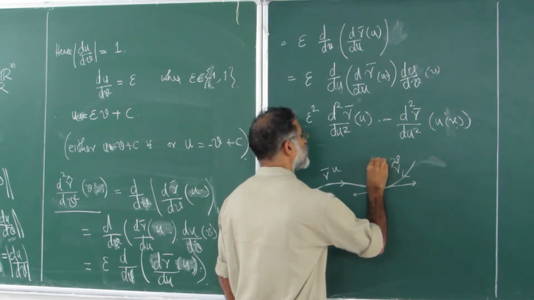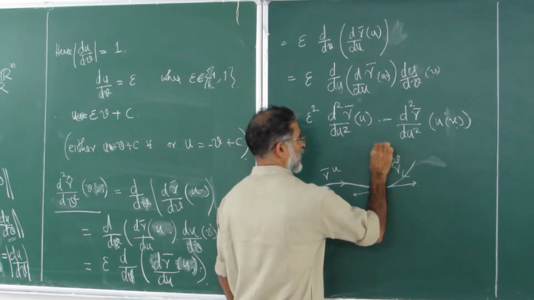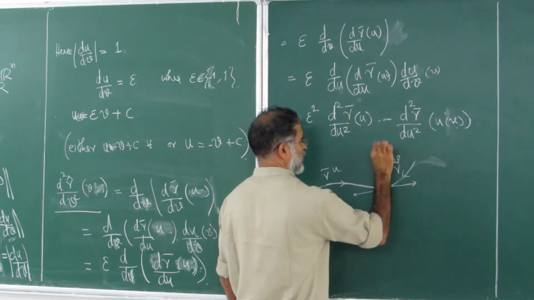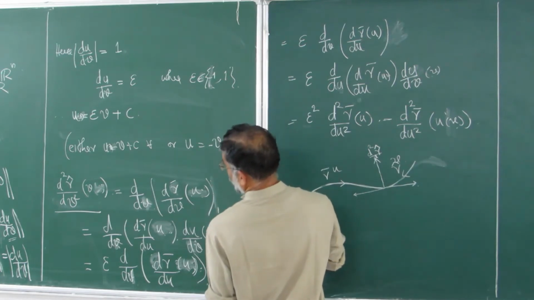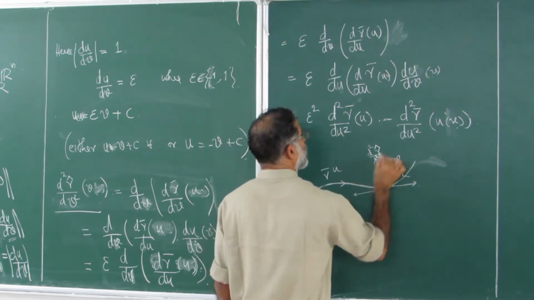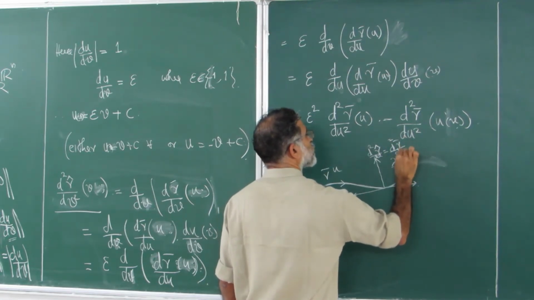From both of them you get the same second derivative, d square gamma cap by dv square, which is the same as d square gamma bar by du square.